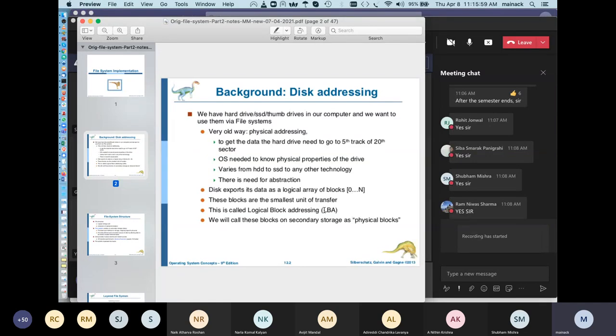But the reason you can do that is that the disk exports its data to the operating system as a logical array of blocks. Any disk has the same interface, 0 to n.